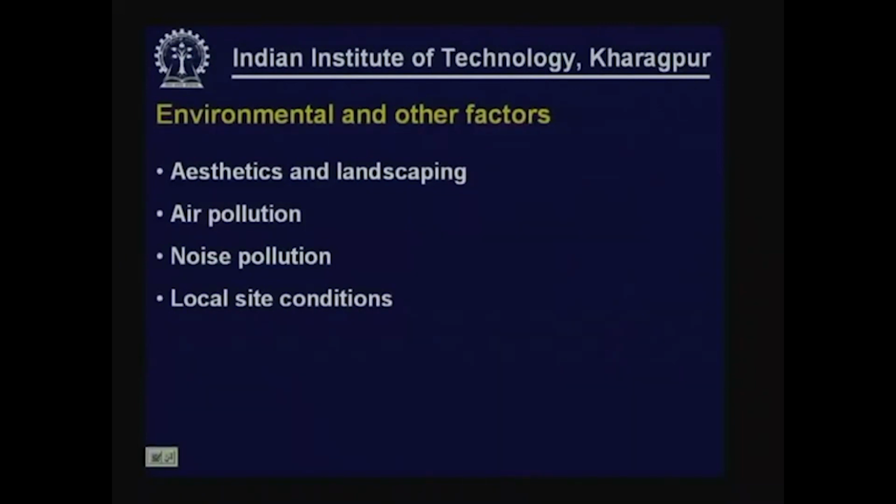So, effect on all those attributes, effect on noise pollution and also the local site condition. We must not take roads through a place where the local site condition is not favorable or environmentally acceptable in general. That generally covers the design control and criteria.